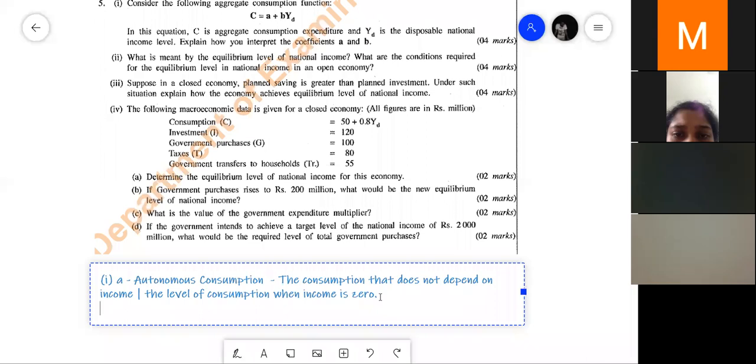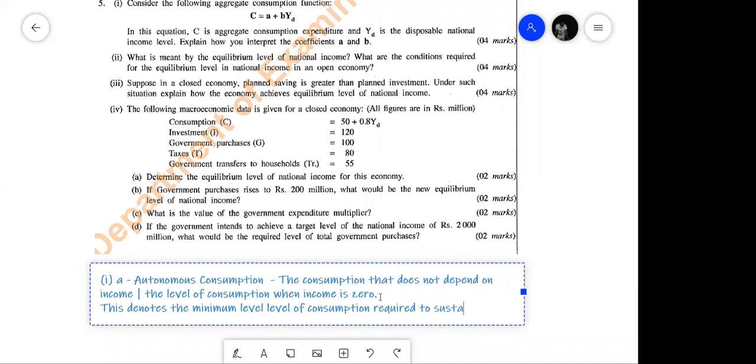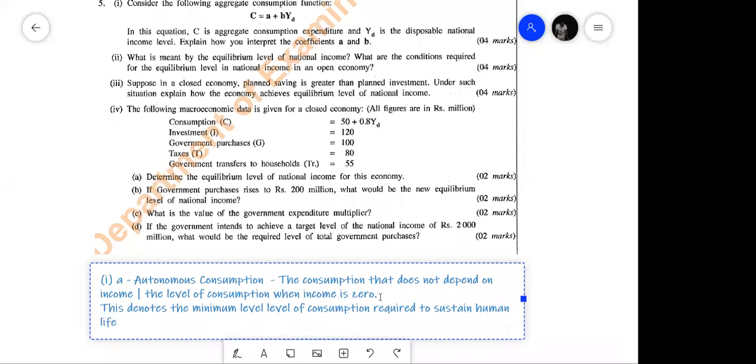So in addition to this, you can say this denotes the minimum level of consumption required to sustain human life.